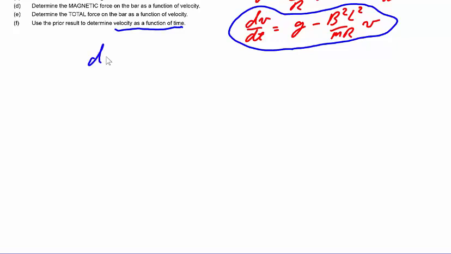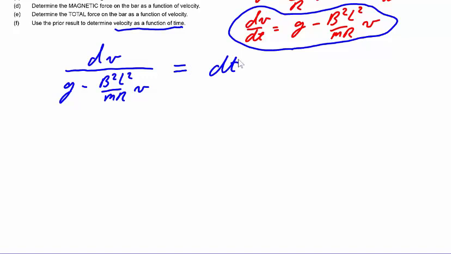We can move all velocity-dependent terms to the left and move all time-dependent terms to the right. The method by which we achieve our solution is we integrate both sides of the equal sign, and we need to put explicit boundaries on the integral in order to perform it.